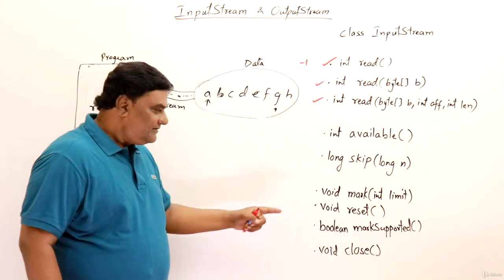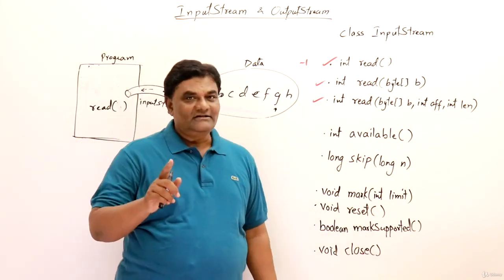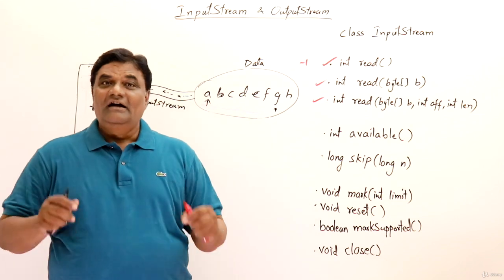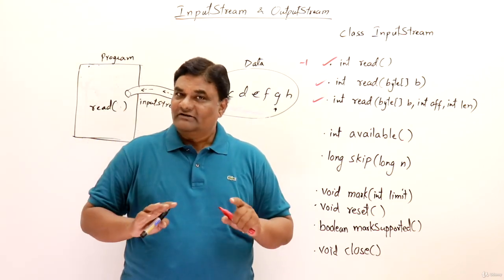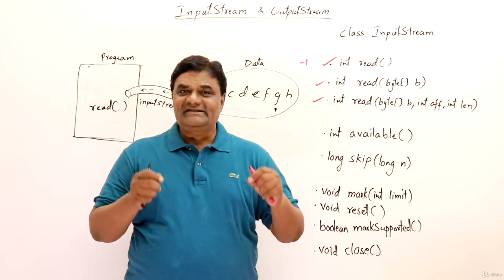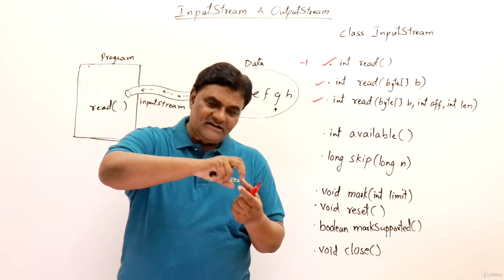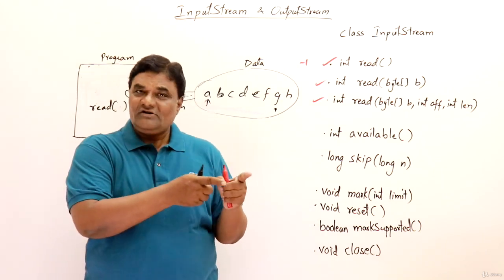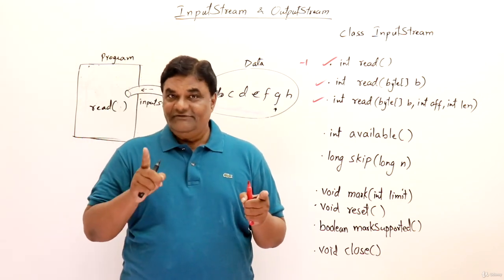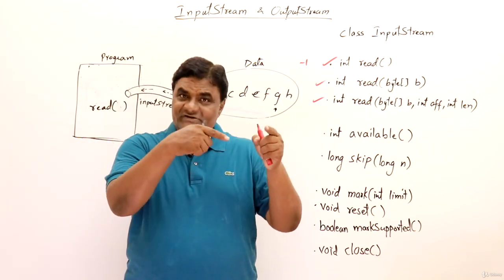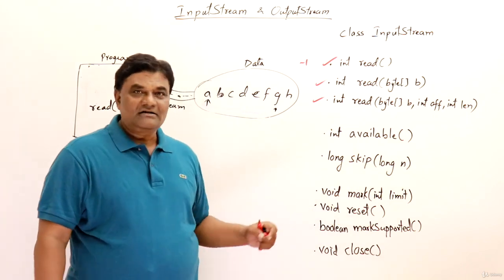The next is mark supported. Now for this, I will say that not every input stream supports mark, because the basic mechanism of a stream is that if you consume a byte, it is not there in the stream, you have removed it. But I want it to stay there by putting a mark.